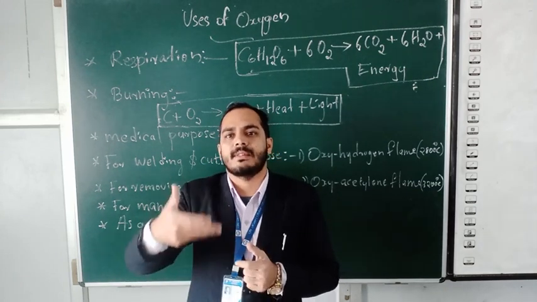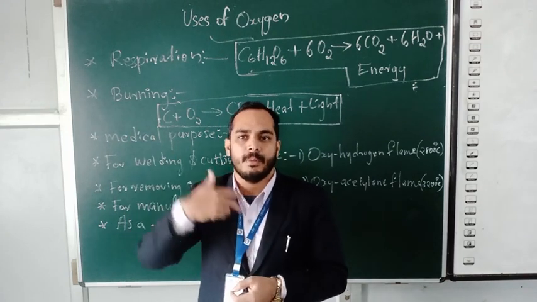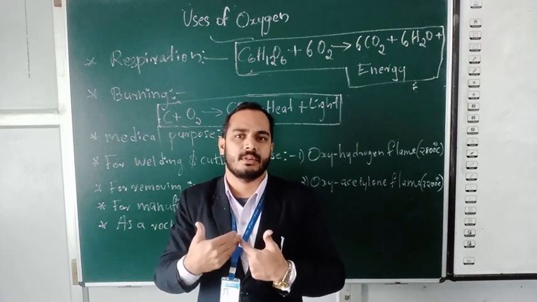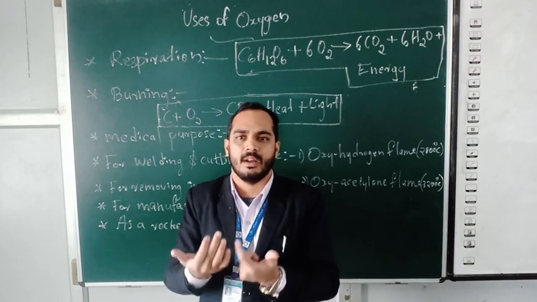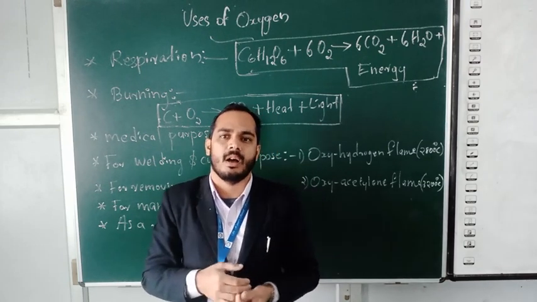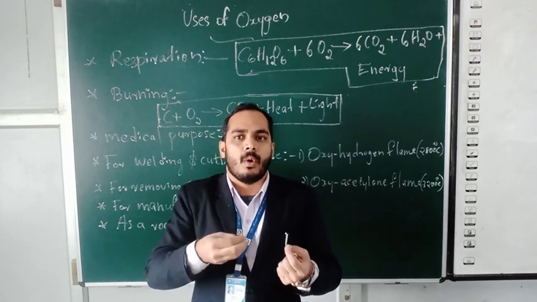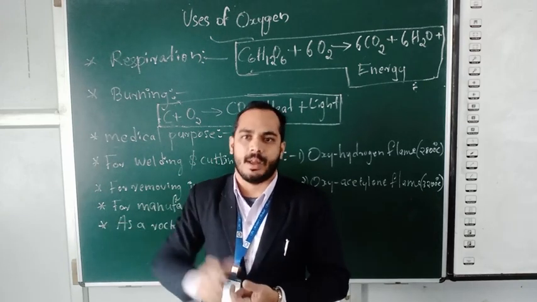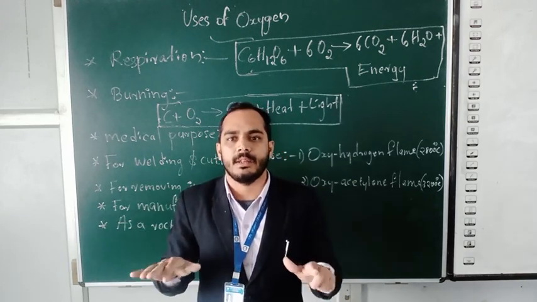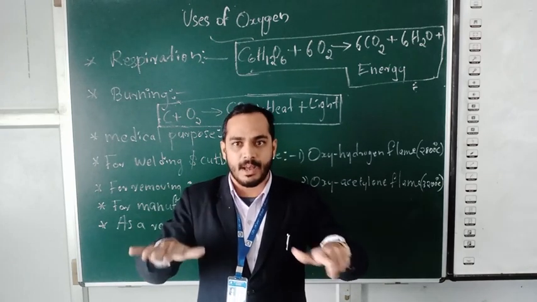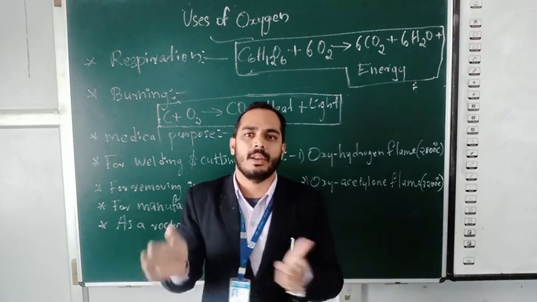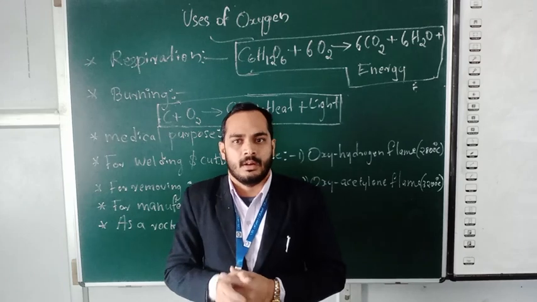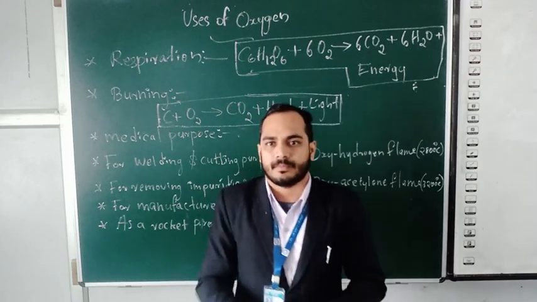If carbon dioxide is increasing, it directly affects human and animal life. And if oxygen is increased in the atmosphere, it directly affects the plants. That's why we want to maintain the balance of oxygen and carbon dioxide in the atmosphere.